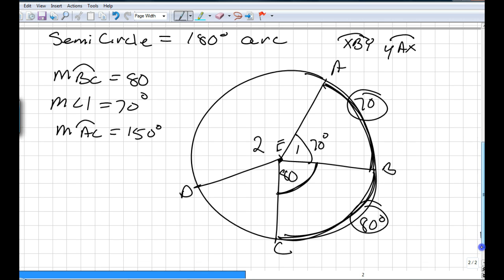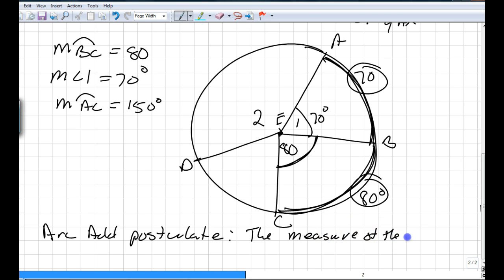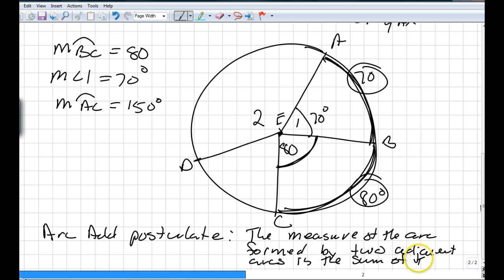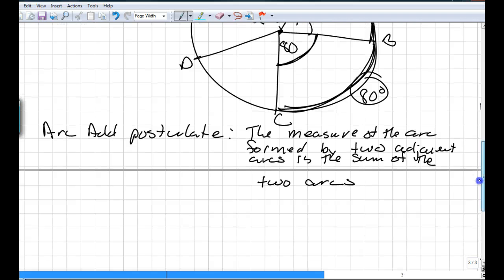And that's because, just like we have the segment addition postulate and the angle addition postulate, we also have the arc addition postulate, which says the measure of the arc formed by two adjacent arcs is the sum of the two arcs. So we can add adjacent arcs together to form a larger arc.